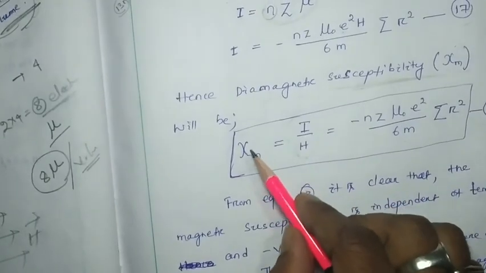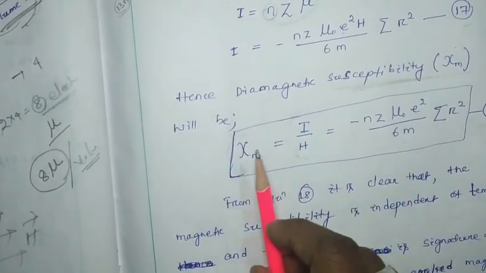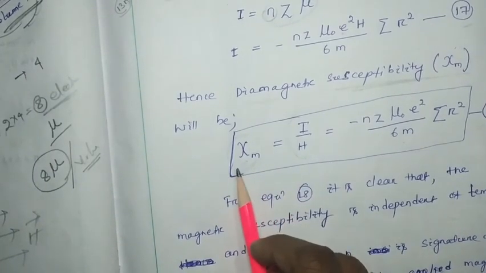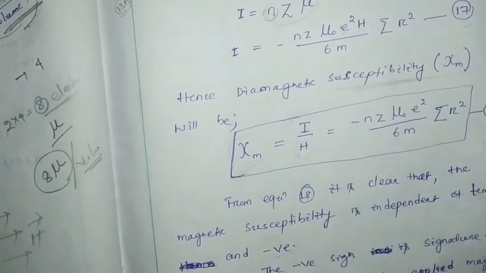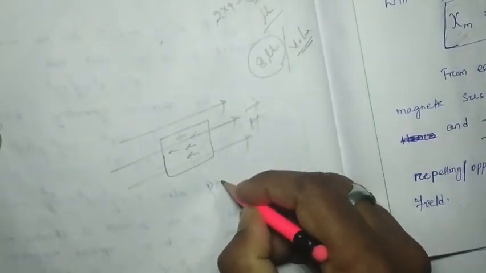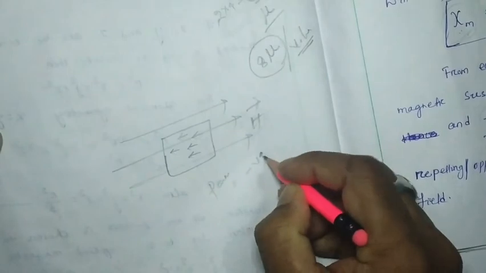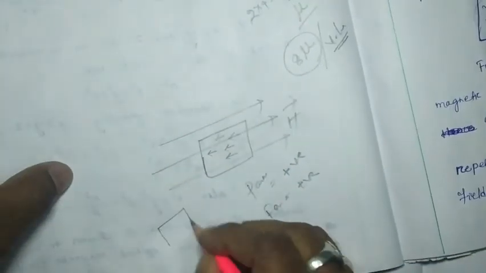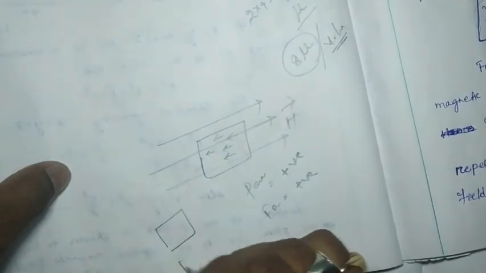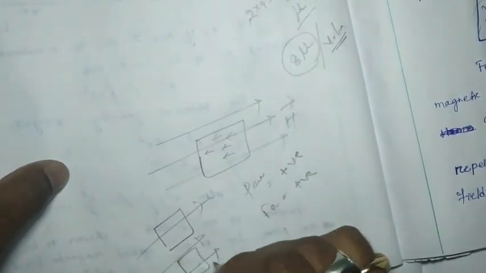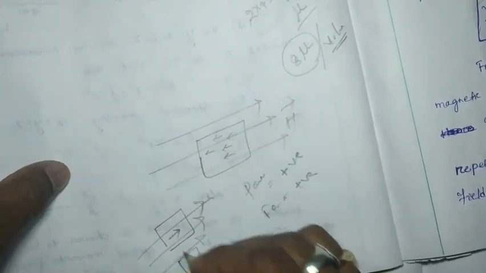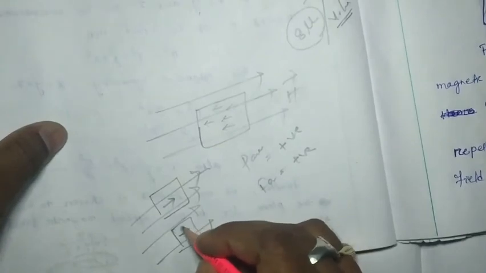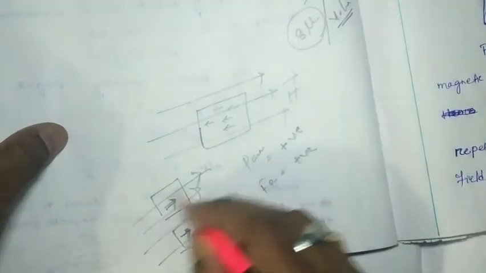You also have to remember that a diamagnetic substance is recognized on the basis of its negative susceptibility. For paramagnetic and ferromagnetic materials it will be positive, because the induced magnetic moment inside the specimen will be along the magnetic field.